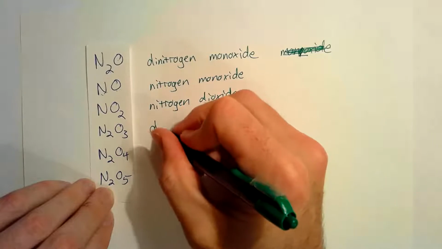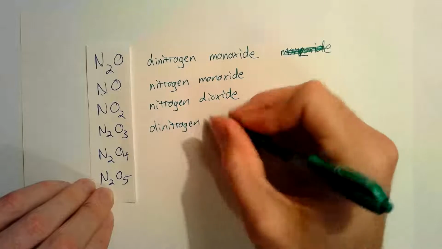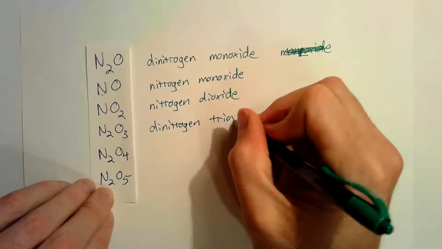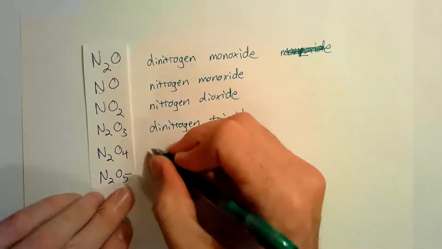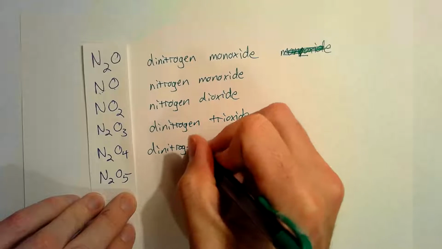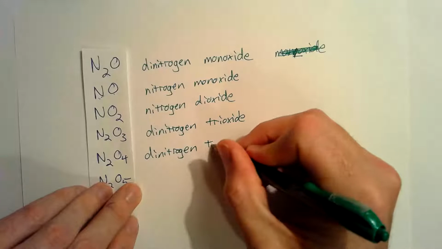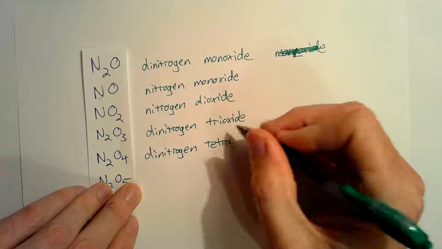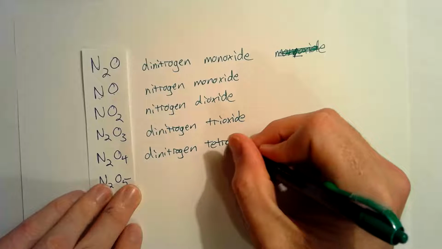This one will be dinitrogen trioxide. Dinitrogen tetroxide.